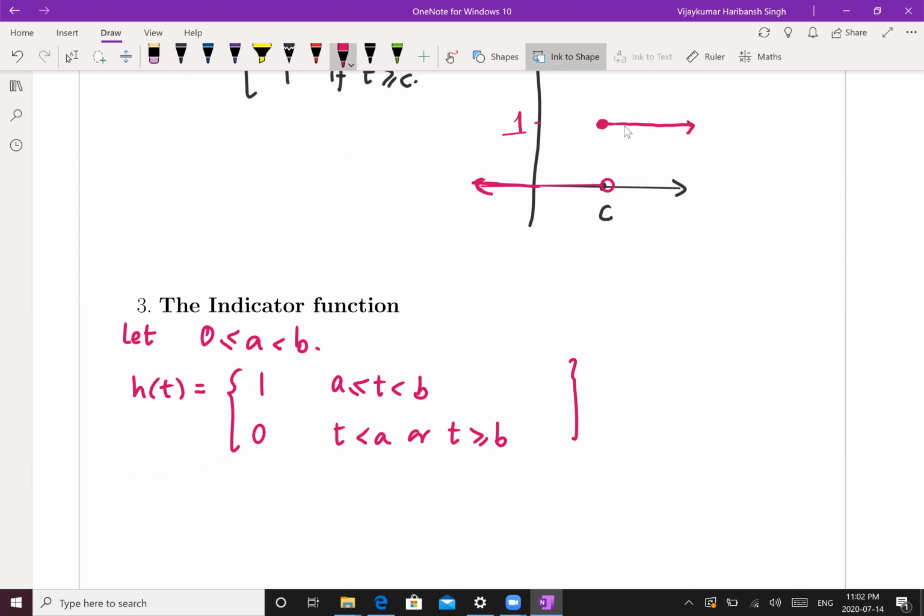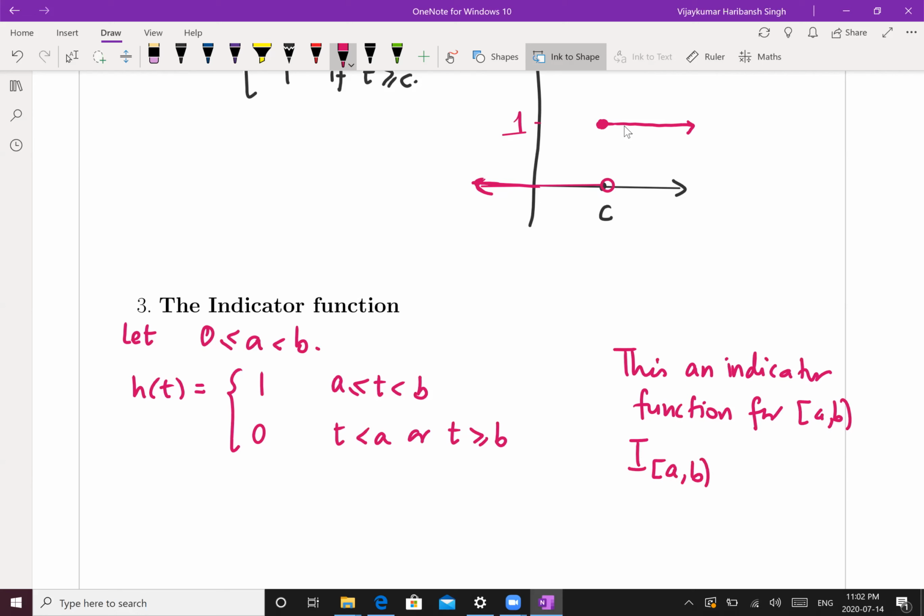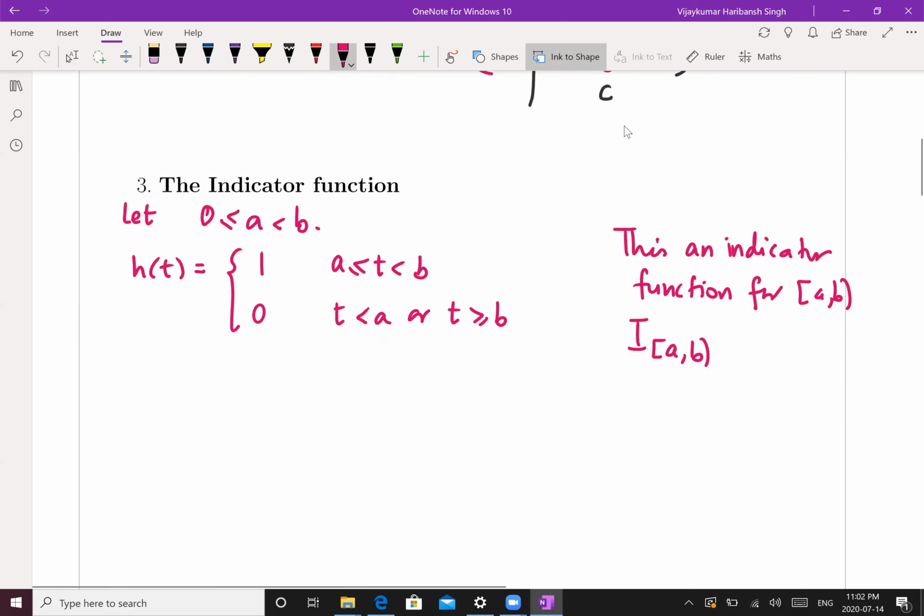So this is an indicator function for the interval a b, and some texts also refer to this as the indicator function, same as h. All right. If I draw this, this is how it's going to look.